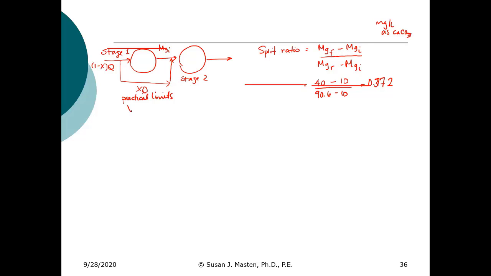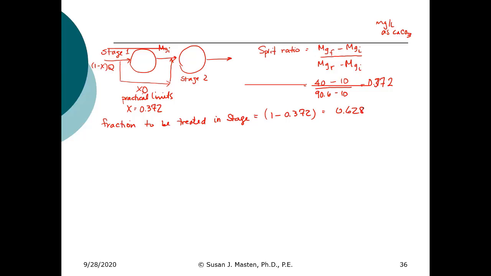So this X here is equal to 0.372, which means that the fraction to be treated in stage 1 equals 1 minus 0.372, or 0.628. So roughly 63% of the flow would be treated through stage 1.